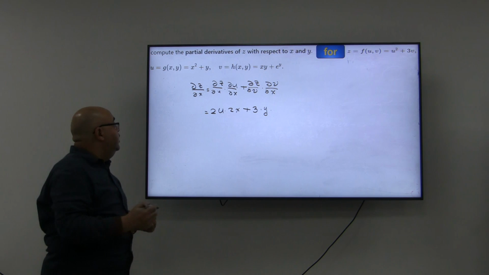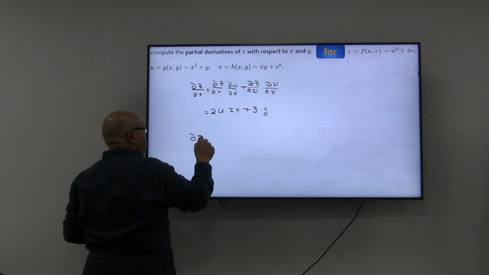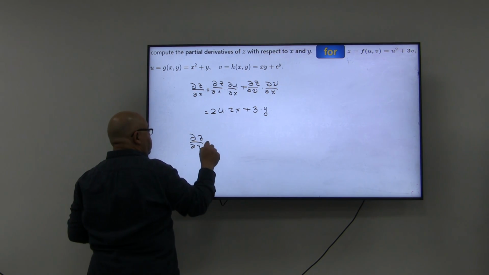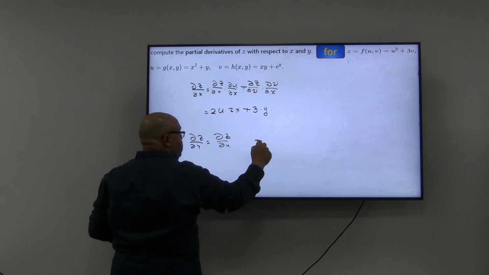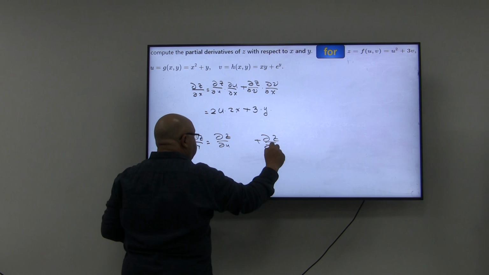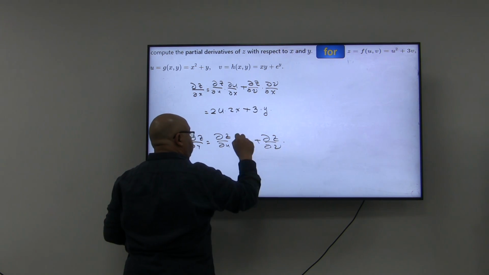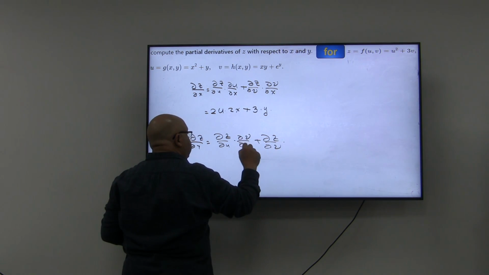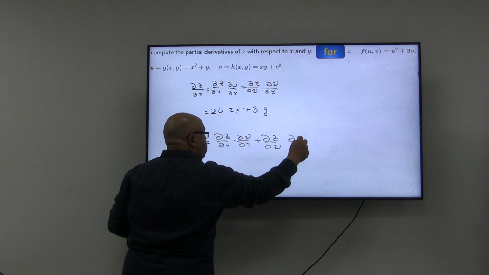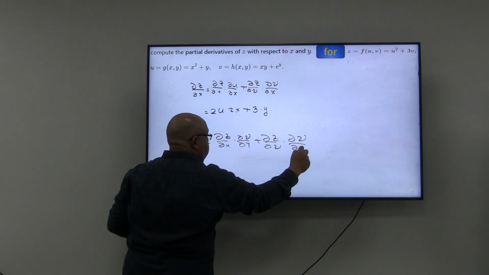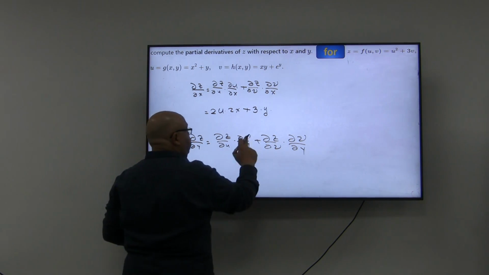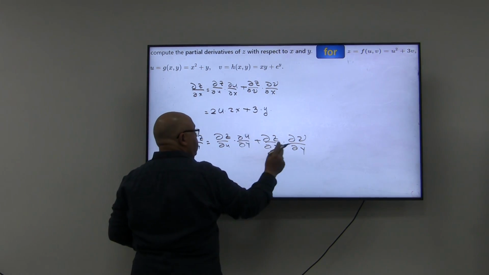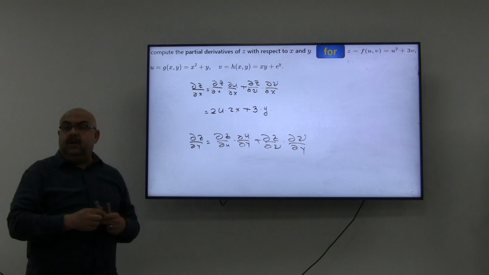If I want to find, once more, partial z, partial y, I will have to find partial z, partial u, plus partial z, partial v. Then I will multiply by partial u, partial y, then times partial v, partial y, as you can see.